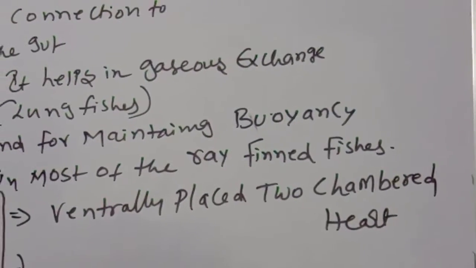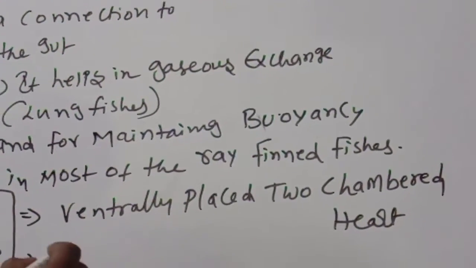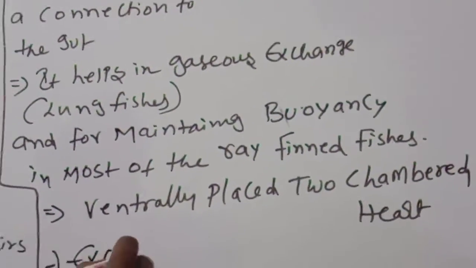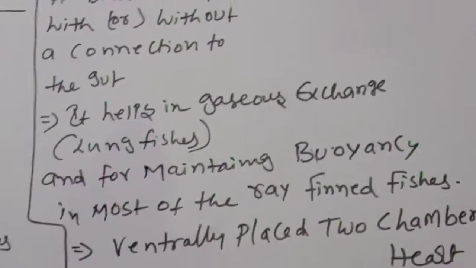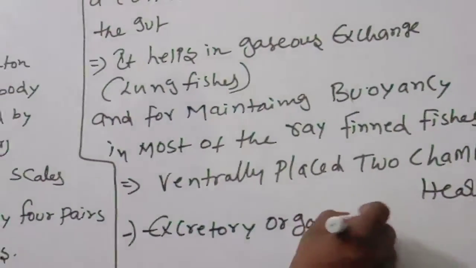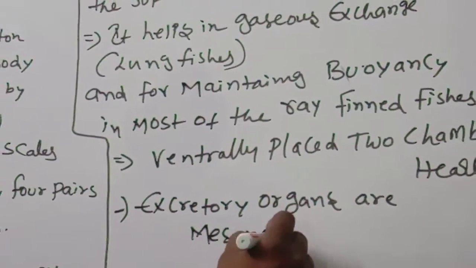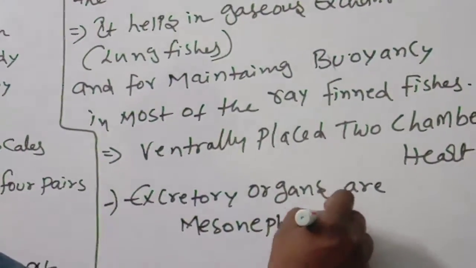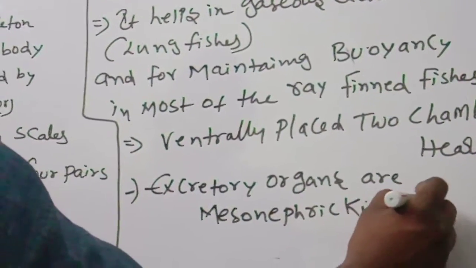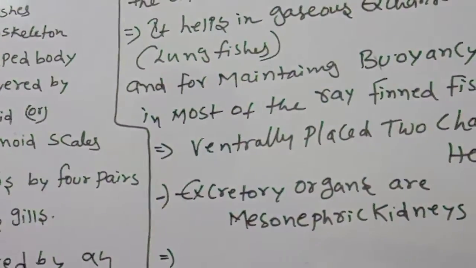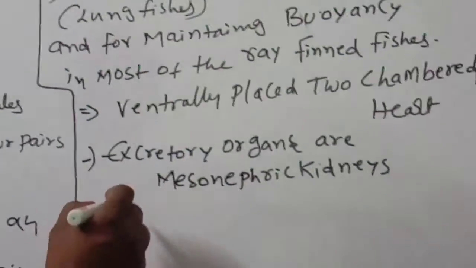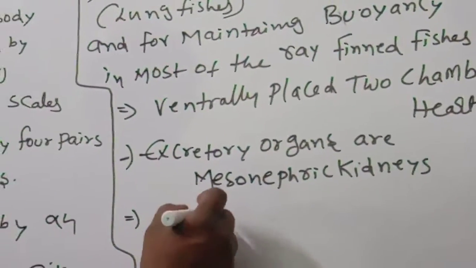Next, the excretory organs are mesonephric kidneys. Always remember this. Another important one: these are all ammonotelic.